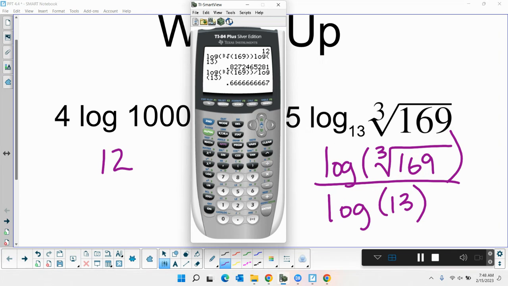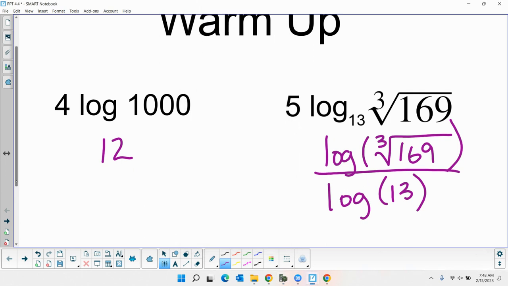And then remember, this 5 was out front. That means 5 times that. So then I'm going to hit times 5, just so I don't have to type it in the beginning, and make sure. So you can leave it 3.3 repeating, or if you want to write it as a fraction, hit math and enter twice, and it's 10/3. Either one is acceptable.